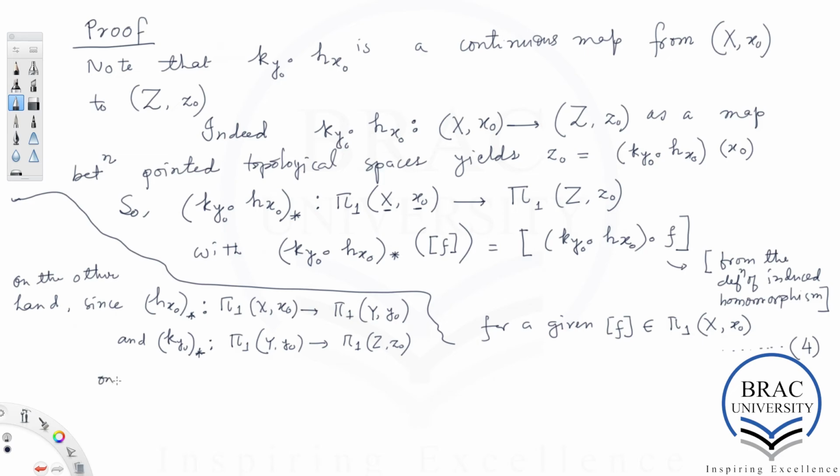One has their composition as K sub y0 star composed with H sub x0 star, as a map from pi 1 of X comma x0 to pi 1 of Z comma z0.